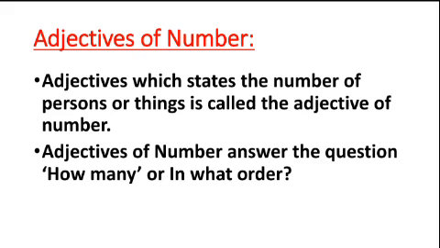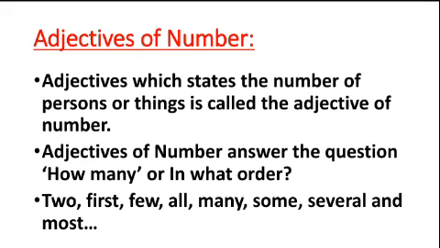Adjectives of number answer the question how many or in what order. So if you ask the question how many, you will get the answer of adjectives of number. Okay. Now these words, two, first, few, all, many, some, several and most, etc., are all used as adjectives of number.